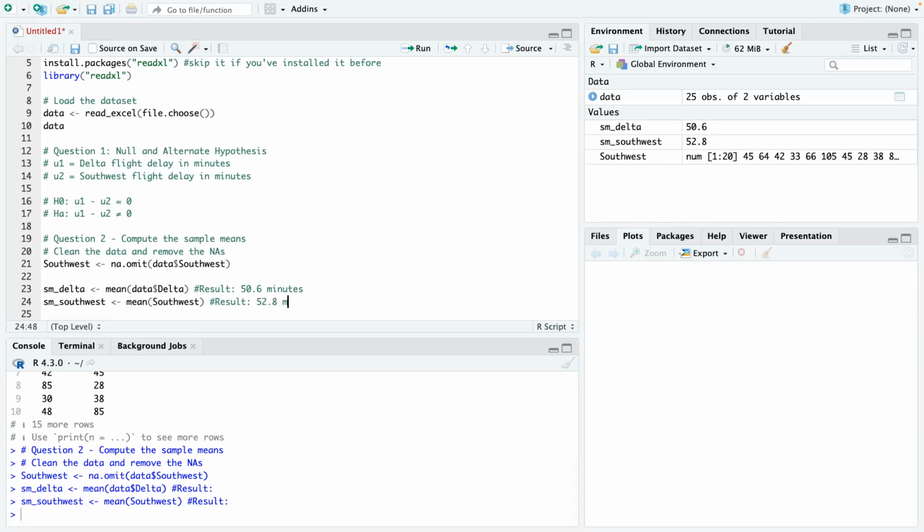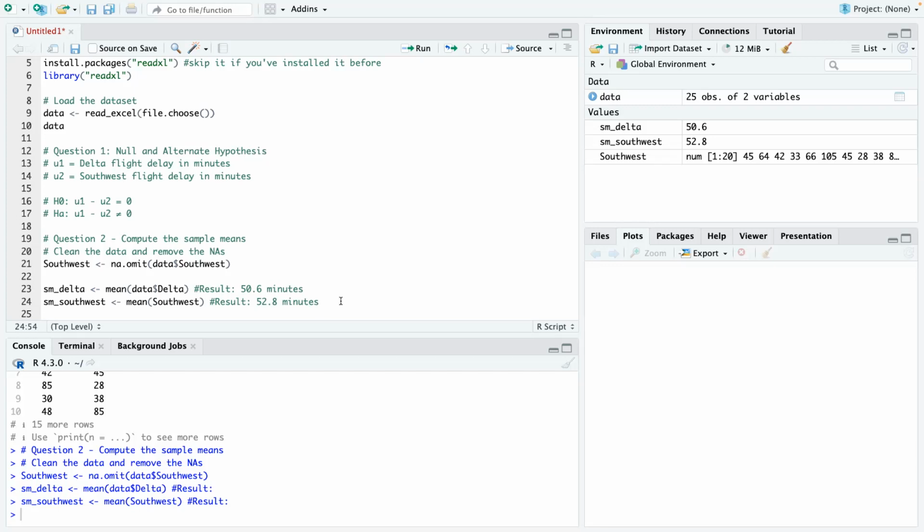So you can see the average delay between the two airlines: Delta is 50.6, Southwest is 52.8 minutes. So Southwest has a higher delay by about 2 minutes and 8 seconds when compared to Delta. But here's the catch. You need to know that they do not have the same sample size. One of them has 25, the other has 20 samples. So you want to take note of that as well.